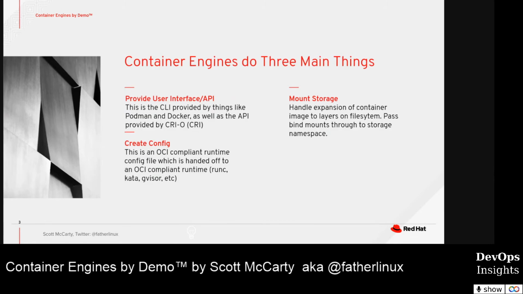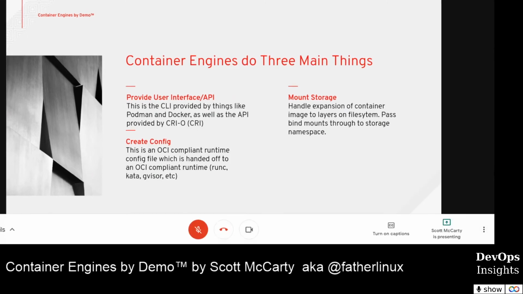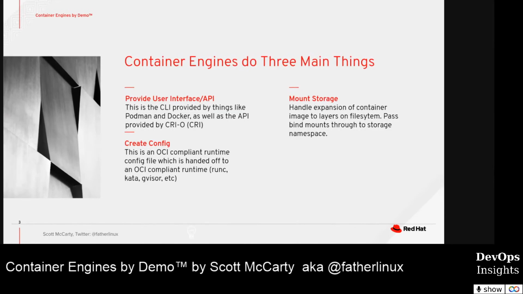If you think about CRI-O or containerd or Docker or Podman or any other container engine, what I refer to as the engine provides a user interface, whether that user is a human, like with Podman or Docker, or a robot, like CRI-O or containerd, which provide an API for robots like the kubelet to talk to.